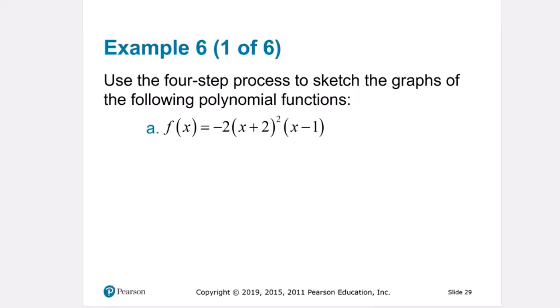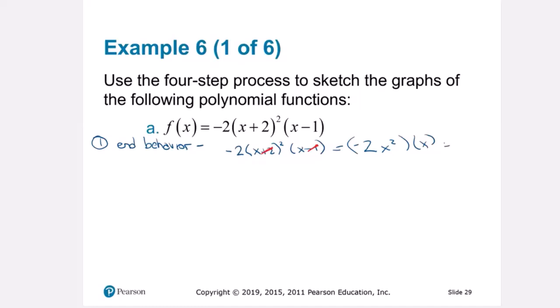Use a 4-step process to sketch the graph of the following polynomial functions. First thing we're going to do is the end behavior. To do end behavior when you don't actually see it written out as a leading term, to get the leading term, which is all I really want, I don't worry about this and I don't worry about this. If I multiply all those together, I get negative 2x squared times x.